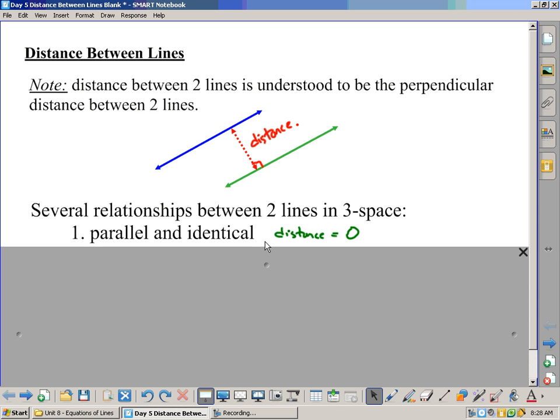We're going to look at the distance between those. So the first one that I have on my list is parallel and identical. So they are the exact same line. There are infinite intersections, but today we're looking at the distance. So the distance between two lines that are parallel and identical is obviously 0 because they're touching each other.